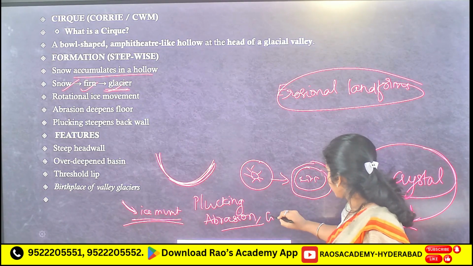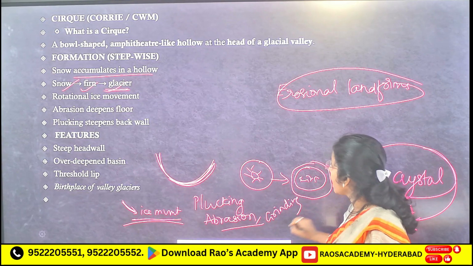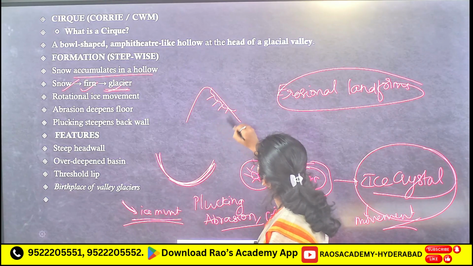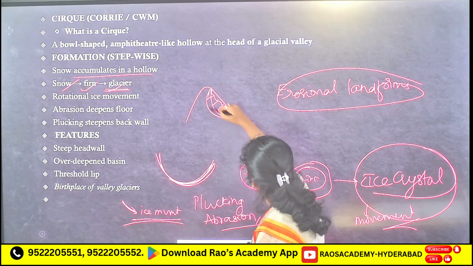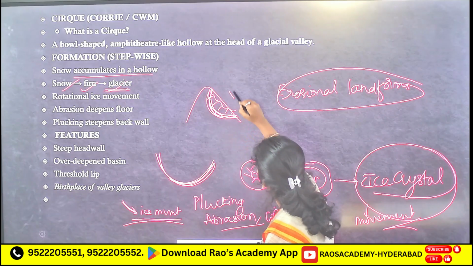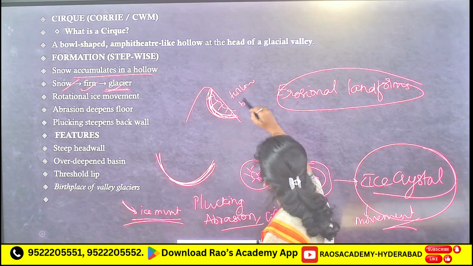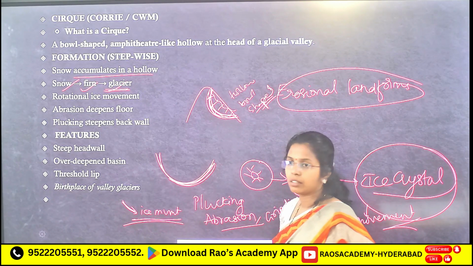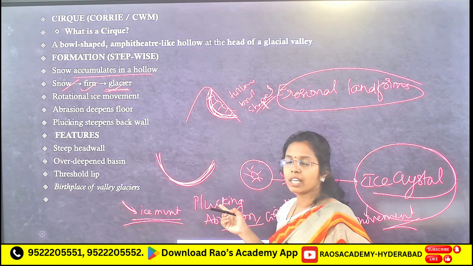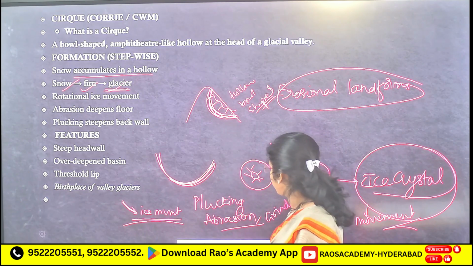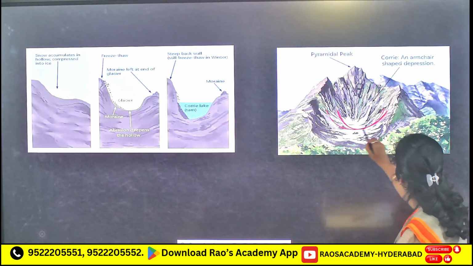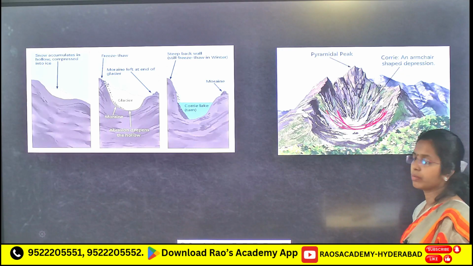Abrasion is grinding, because of that grinding you will see erosion. Here glacier is there, here you will see plucking and abrasion. After plucking and abrasion, a hollow shaped or bowl shaped landform is formed. That landform is known as cirque. Clear?